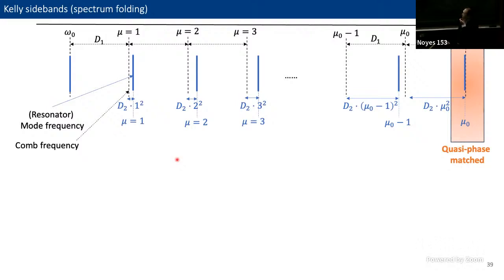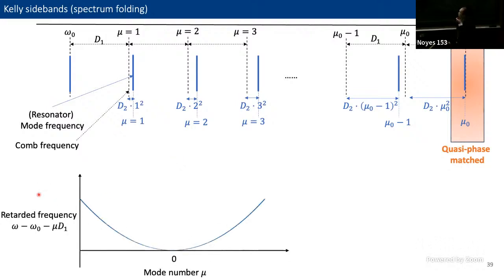So, going back to the integrated dispersion. What the integrated dispersion is doing is plotting the amount of this walk-off as a function of the mode number. The first thing is that this integrated dispersion plot is a scatter plot. It's not really a continuous plot; the mode number takes only integer values.